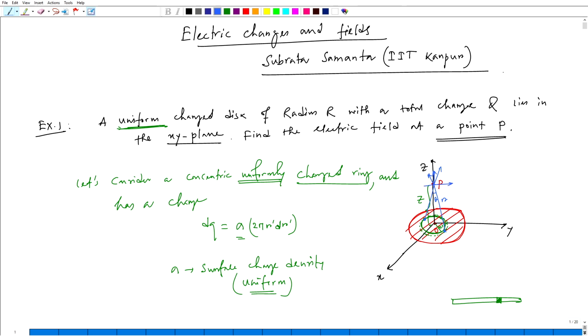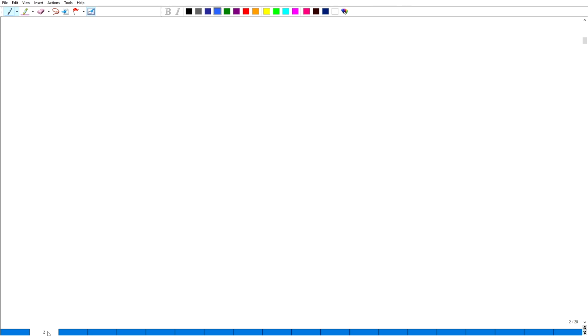So, this component vanishes. Similarly, if you consider all the contributions from the ring, the remaining non-zero component is the z component. We already saw this in the case of the ring problem. So, then the electric field, and we use the result for the case of the ring.